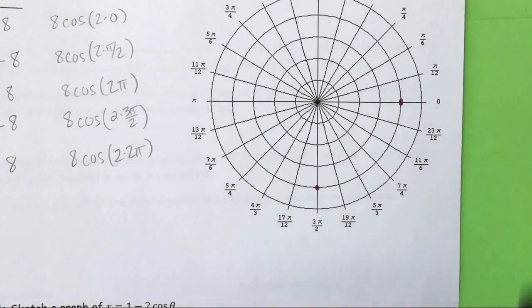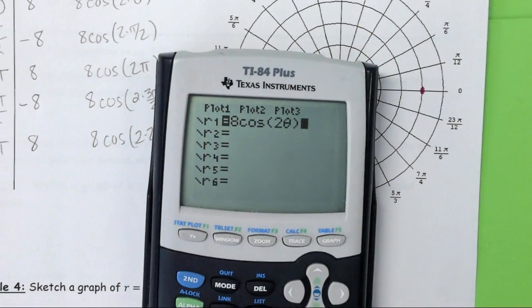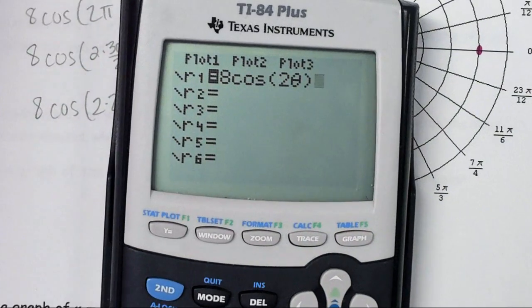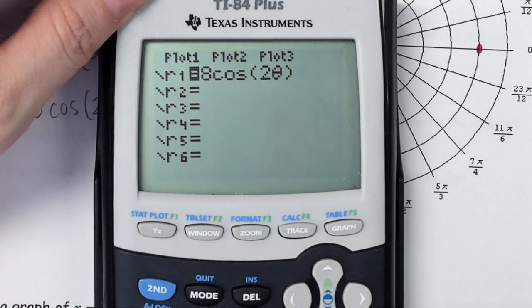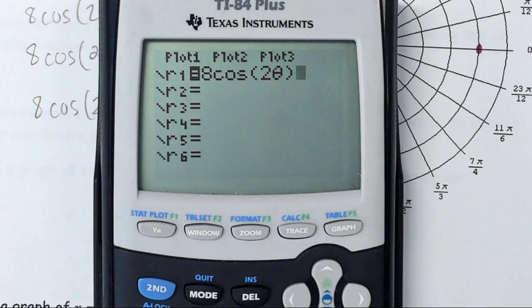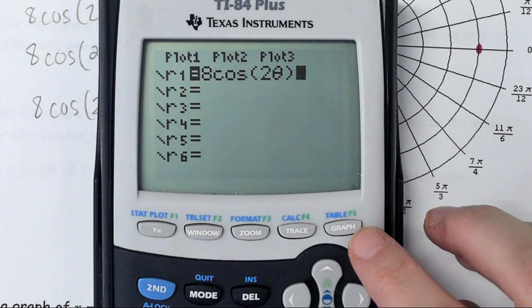And I'm going to show you on the calculator how this is going to happen. When you do this on your calculator, it's only going to show you one time. So just watch this graph it so you can see the formation, how it's graphing it. Okay, you guys ready?